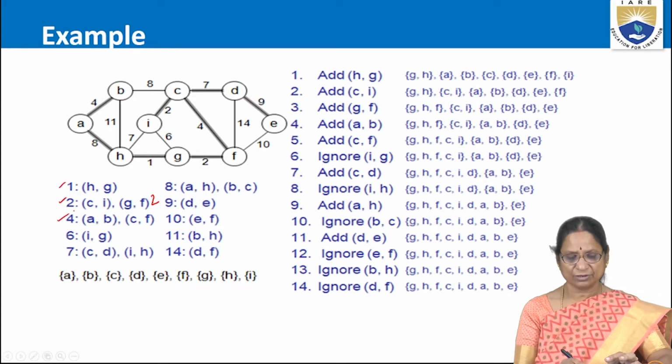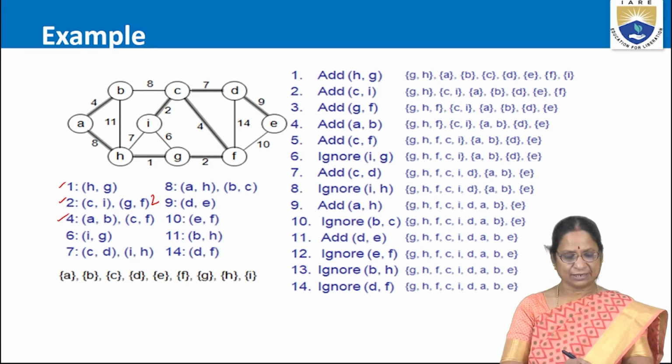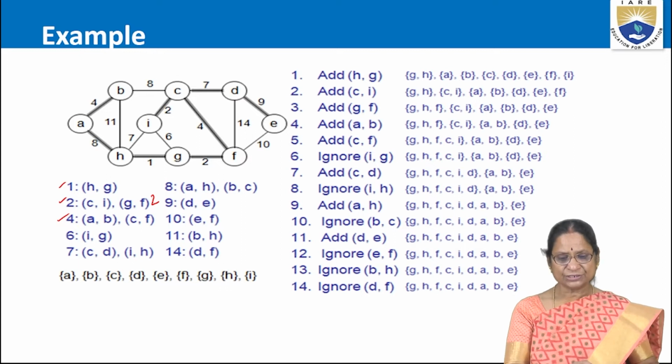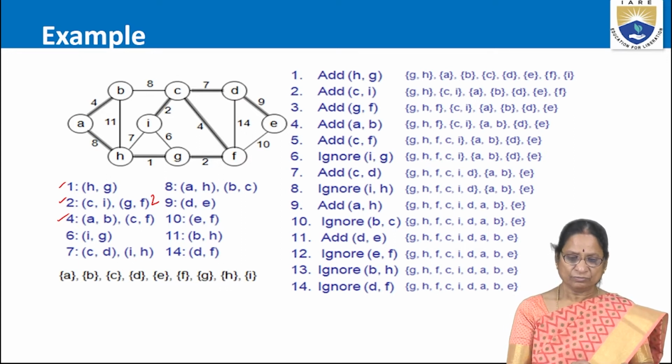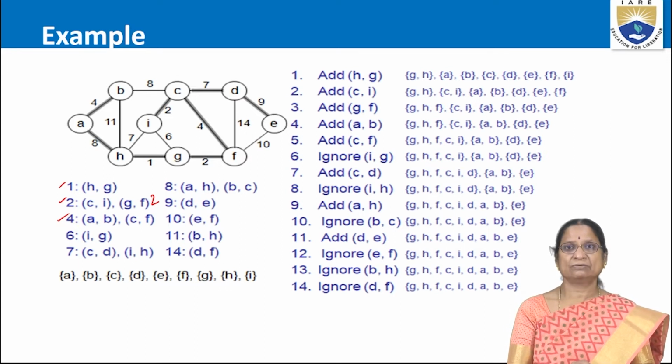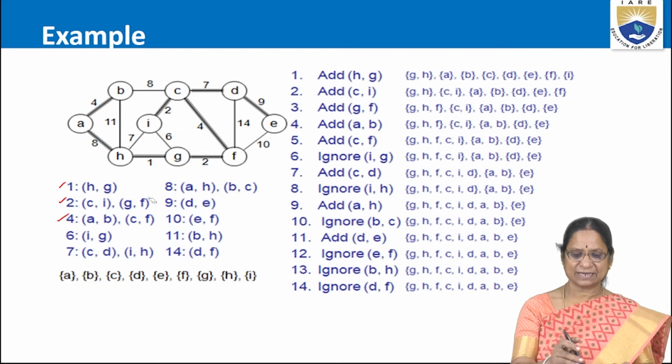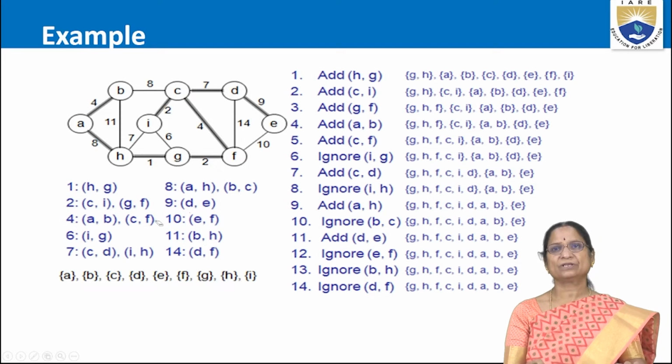Please check the weights given on the left side here. And we have IG with weight 6, CD and IH with weight 7, AH is 8 and BC is 8, CD is 9, EF is 10, BH is 11 and DF is 14.